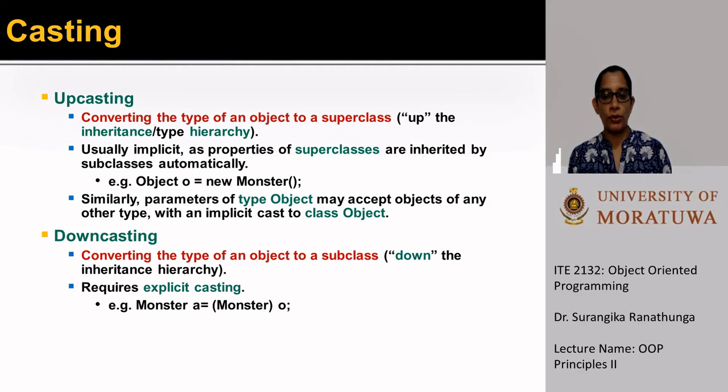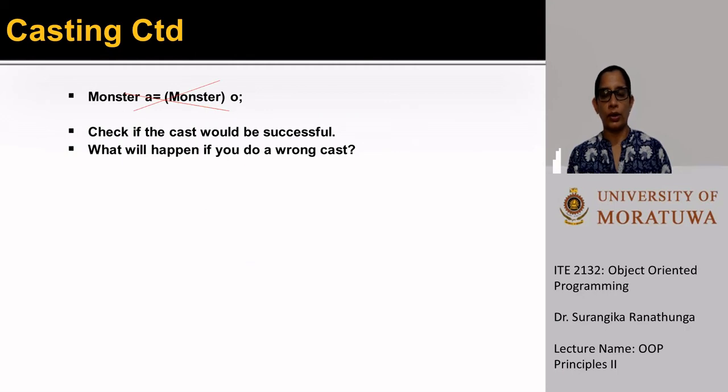So if you want to do it, we'll have to have this specific reference. For example, here when I'm downcasting an object of type O into an object of type monster, I have to specifically say I'm converting this into a monster by putting the class name within brackets. But not all the classes can be converted to the type of a subclass. Some casting will not work.